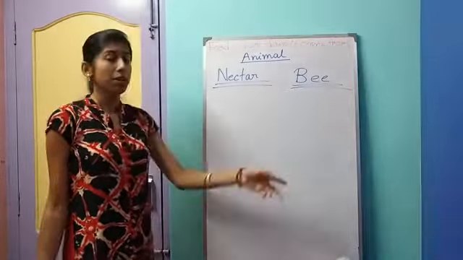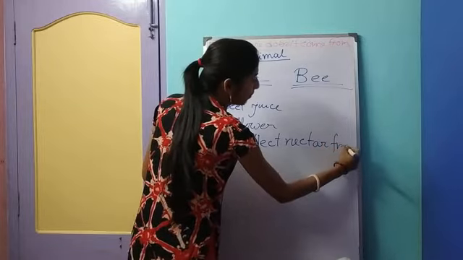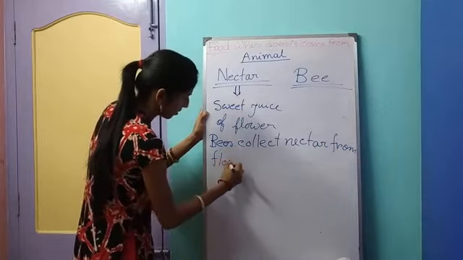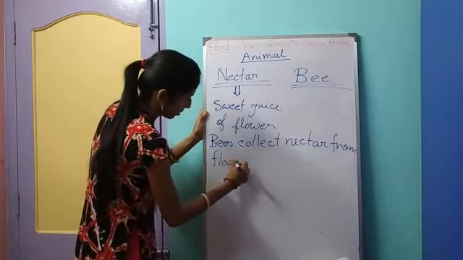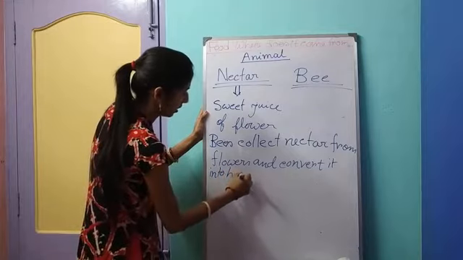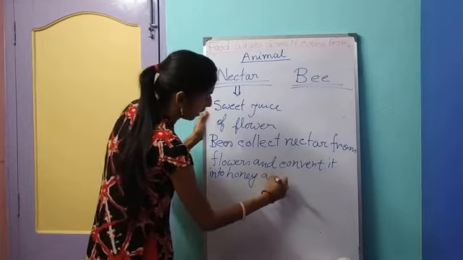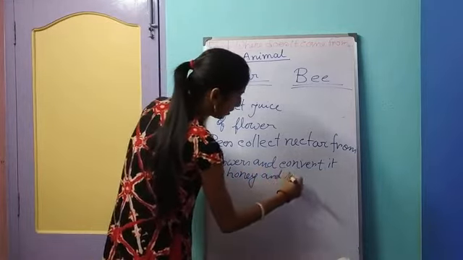So bees collect nectar from flowers and convert it into honey, and store it in their beehive. Okay, beehive is the place where bees live.